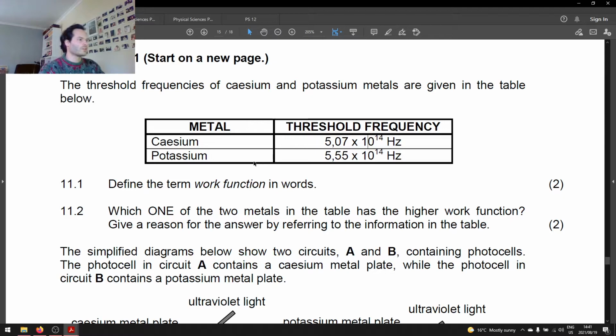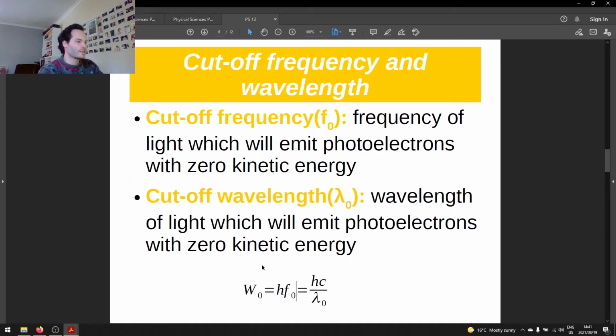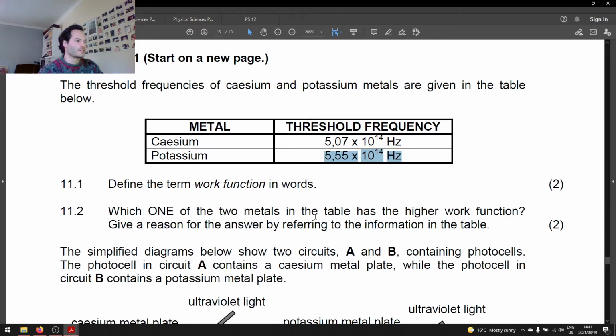Which one's got the highest cutoff frequency? We can see that potassium has the higher threshold or cutoff frequency. Therefore, it is going to have the higher work function, because work function is just equal to h times the cutoff frequency, or h times the threshold frequency. h is of course a constant.